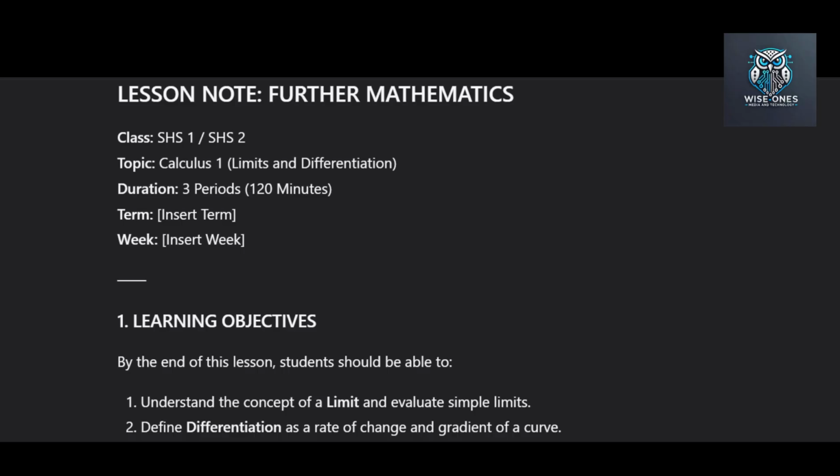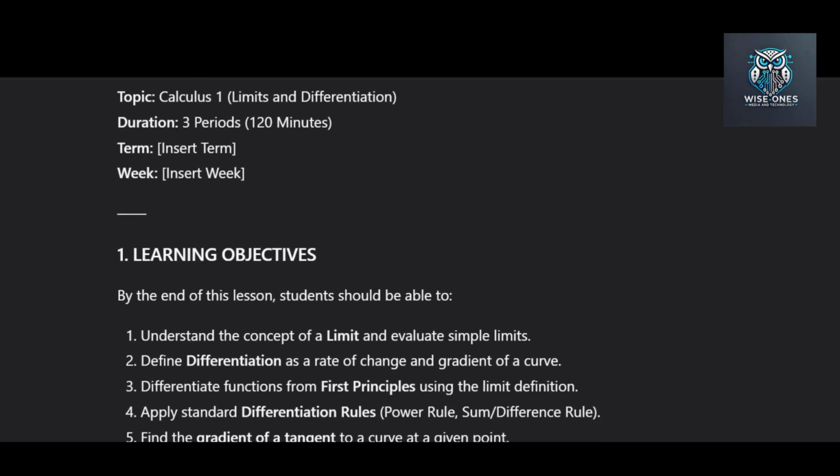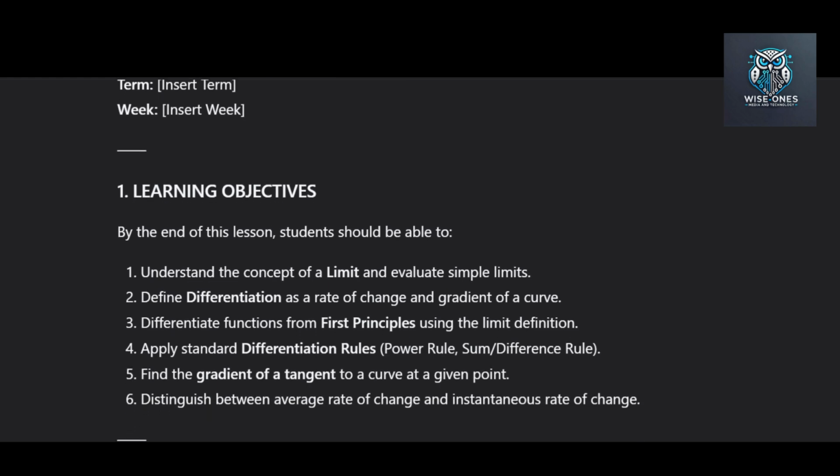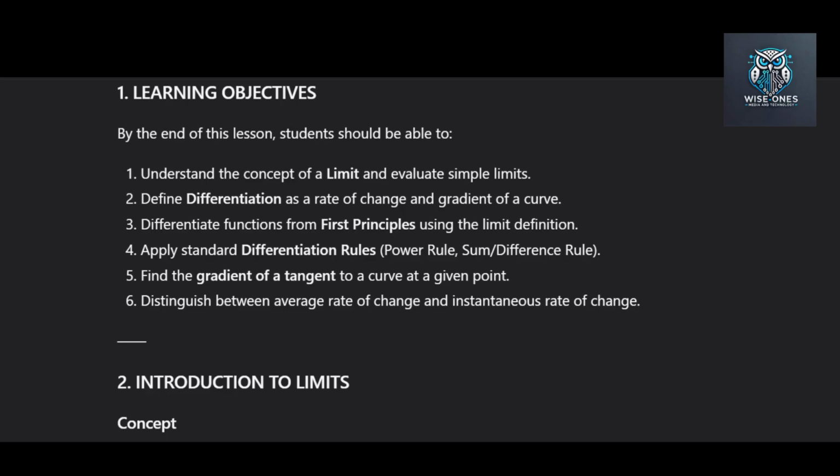Let us look at what we want to achieve by the end of this lesson. These are our learning objectives. By the time we finish, you should be able to understand the concept of a limit and evaluate simple limits. You will learn how to define differentiation as a rate of change and gradient of a curve.